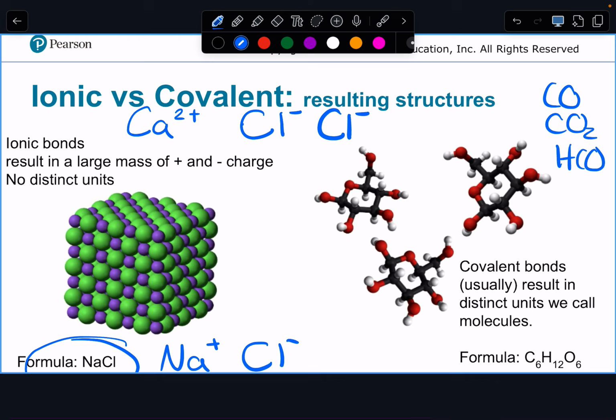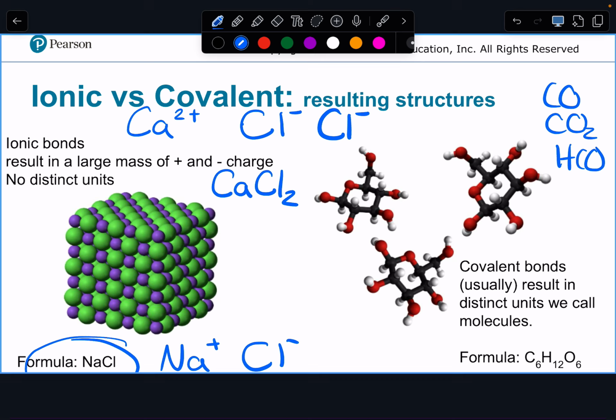So the formula for calcium and chlorine together is going to be CaCl2, because they always are going to have to balance each other out. So if we know that calcium forms a 2+ ion, if it combines with chlorine, which we know forms a -1, there's got to be 2 chlorines for every 1 calcium. They always have to balance out to 0.